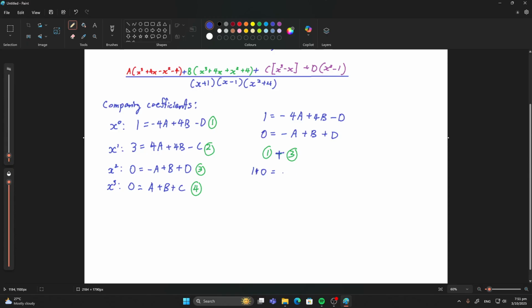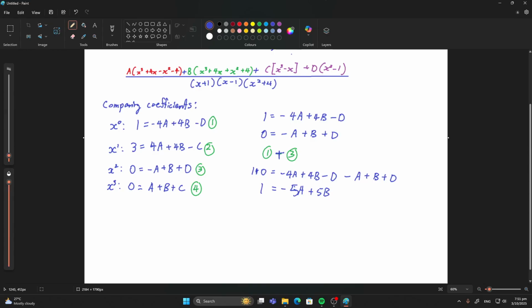So essentially, I'm just taking minus 4a plus 4b minus d, and since I add, I can just copy over. So minus a plus b plus d equals to, so 1 equals to minus 5a plus 5b. Oh, that's it. Okay.